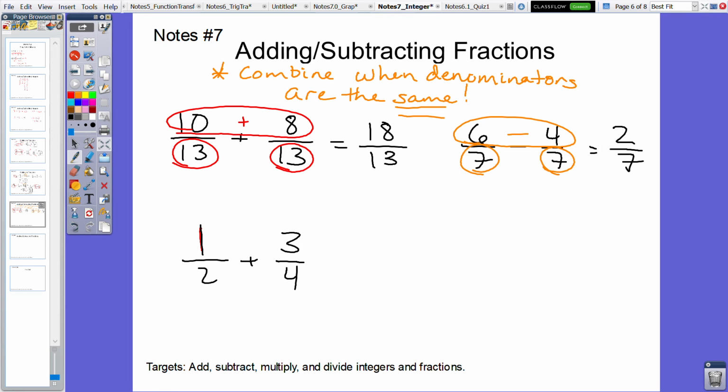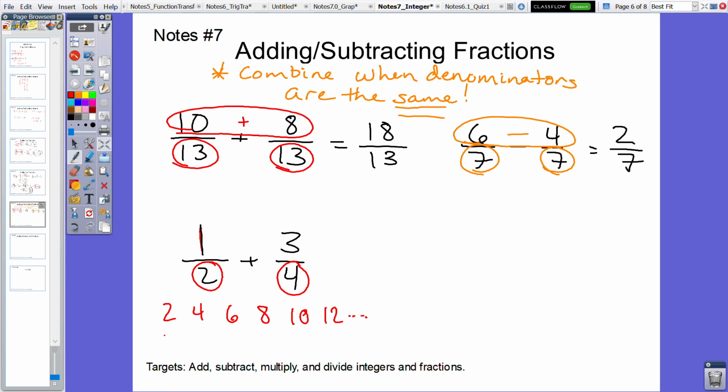Okay, I want to make sure that both of my denominators are the same. In order to do that, I need to look at my smallest denominator and compare it to my largest one, and look for what's called the least common multiple between the two, or in this case, the least common denominator. So my denominators are 2 and 4. My multiples of 2 are 4, 6, 8, 10, 12, and I can keep going on like that.